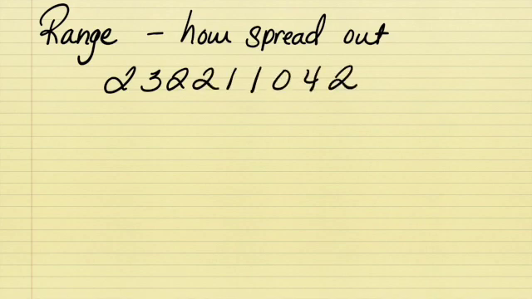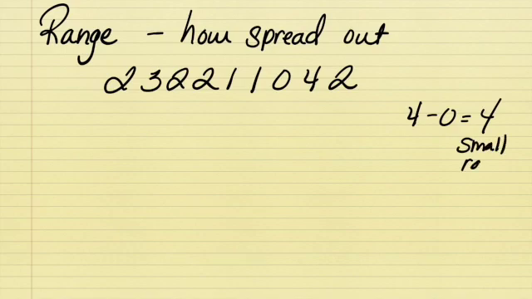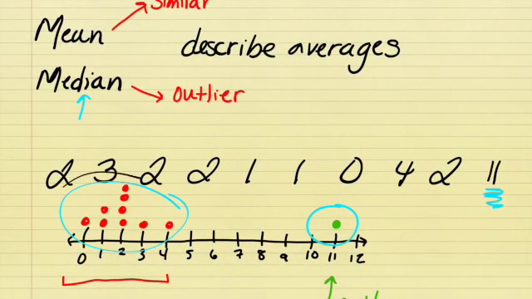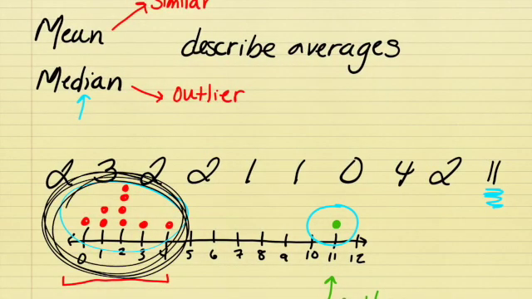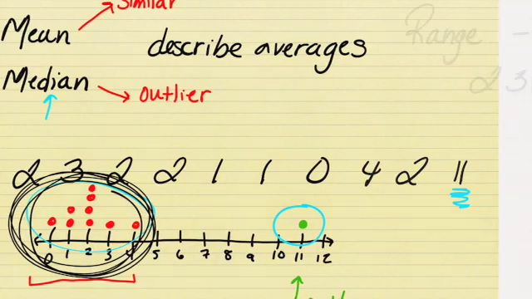The range for this set of data ended up being 4 minus 0, a range of 4. That would be considered a small range, and we know that means the data is pretty close together. Because when we look at the graph right here, the data was all pretty much close together.